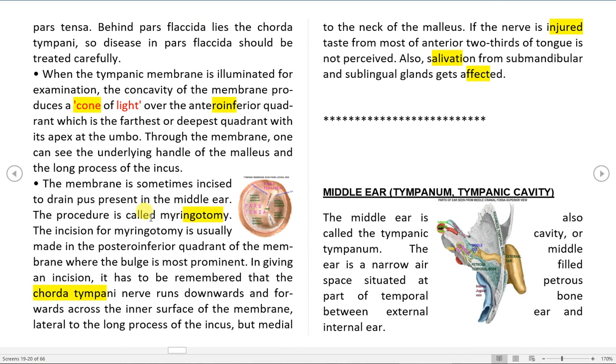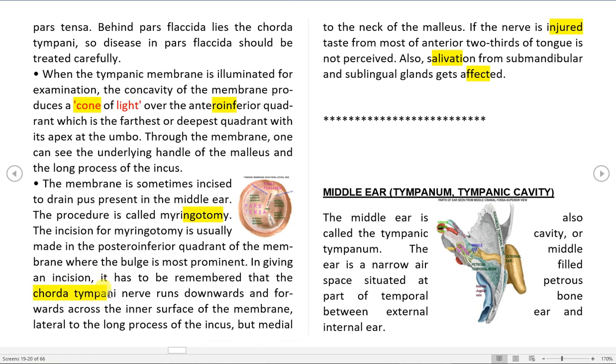The procedure on the tympanic membrane, when it is incised, is called myringotomy. Myringo means tympanic membrane and otomy means incision, open and close. During this procedure, care should be taken that the chorda tympani nerve, which as we have seen passes from the posterior to the anterior canaliculus, is not injured.